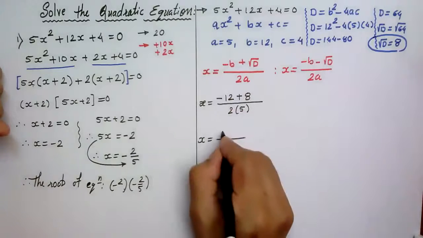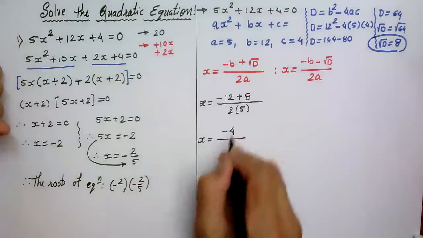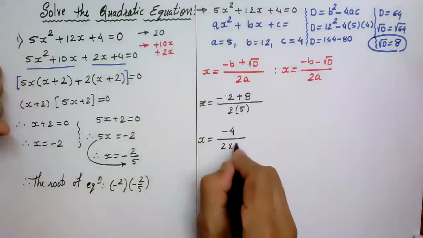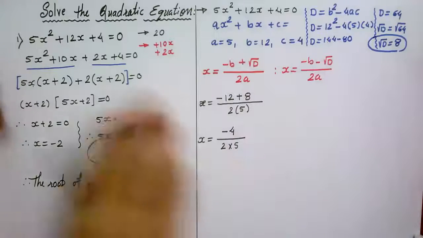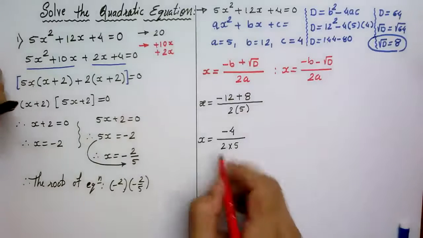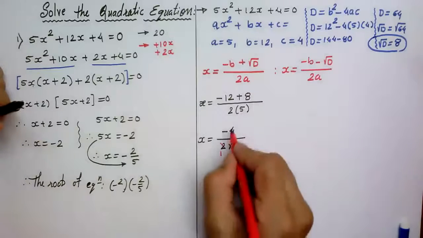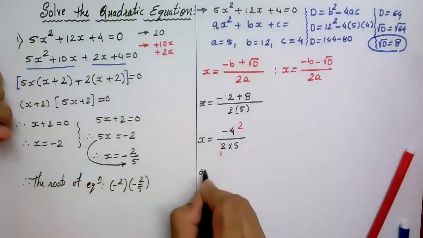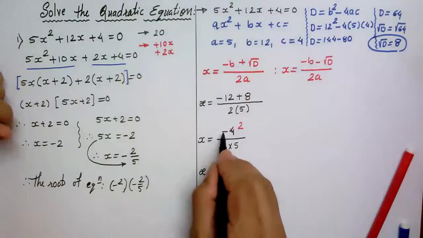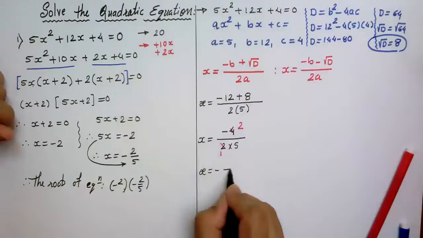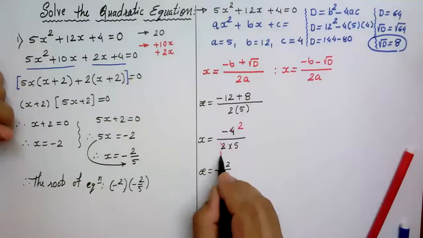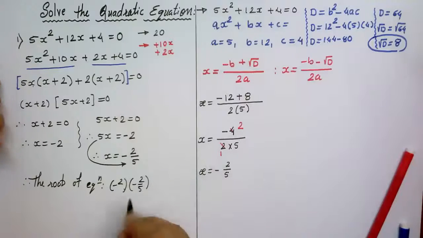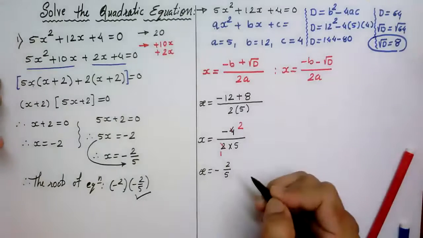Minus 12 plus 8 will give you minus 4, upon 2 times 5. You can go for the cancellation over here. 2 1s are 2. 2 2s are 4. So I am getting x is equal to minus 2 upon 1 5s are 5. Okay, so we got this root.